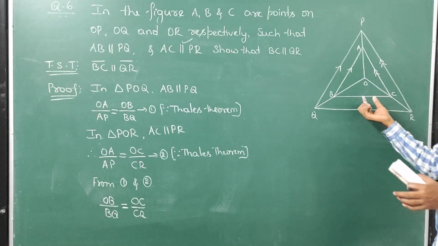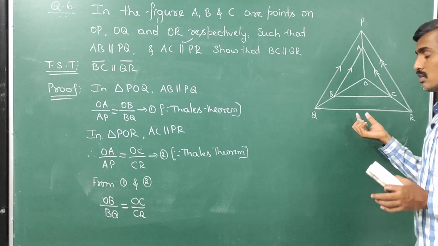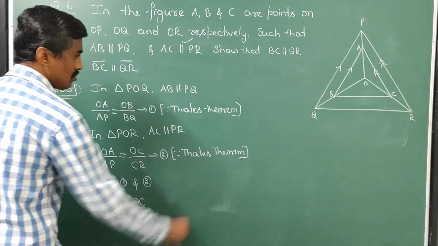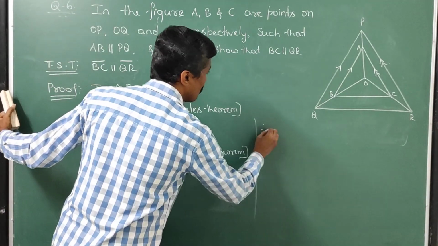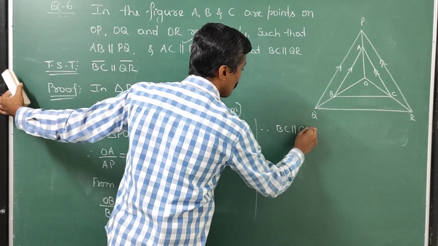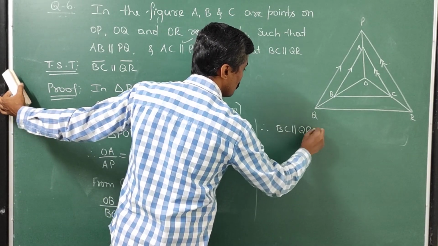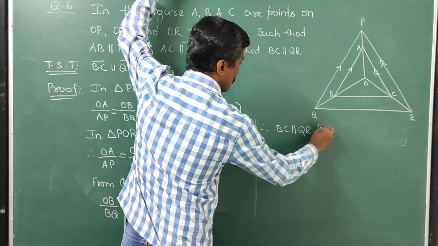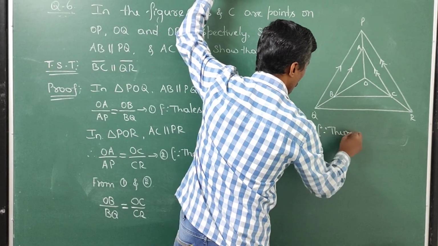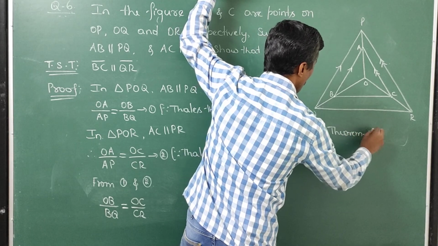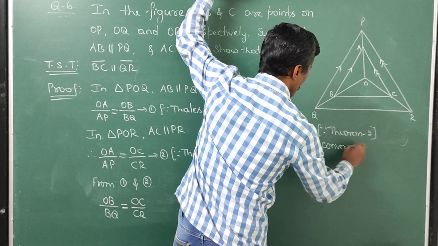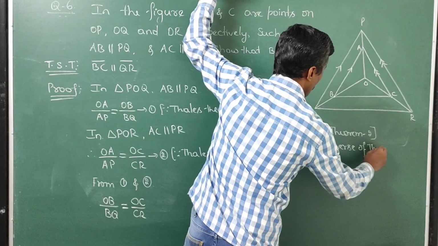So now we can write BC parallel to the third side, that is QR, according to theorem number 2, or you can also write converse of Thales theorem.